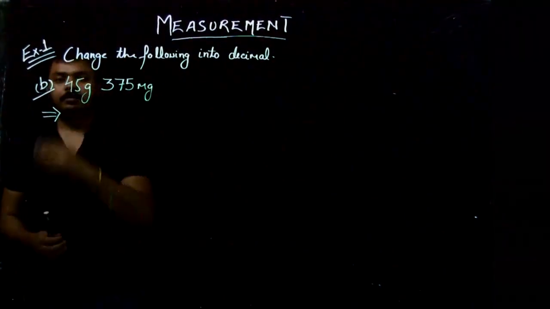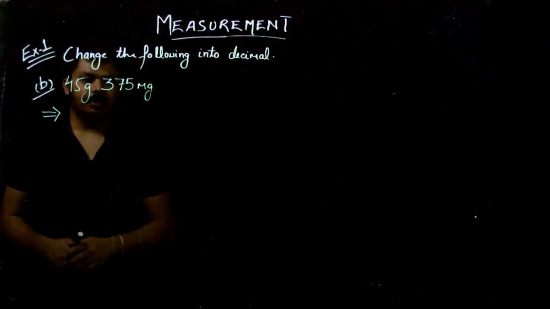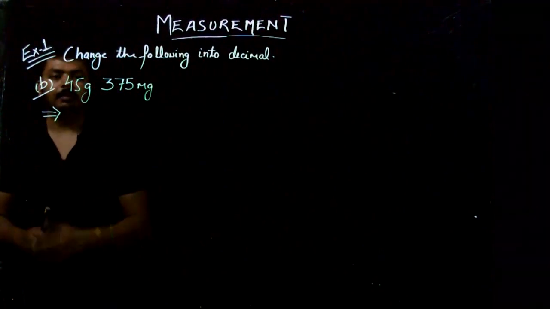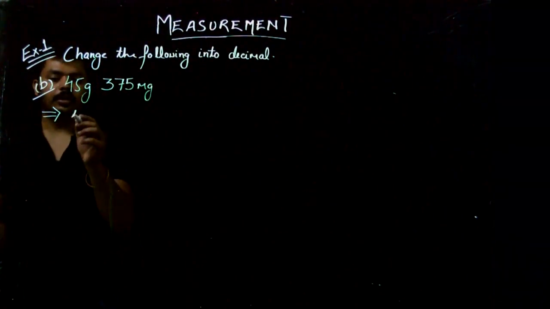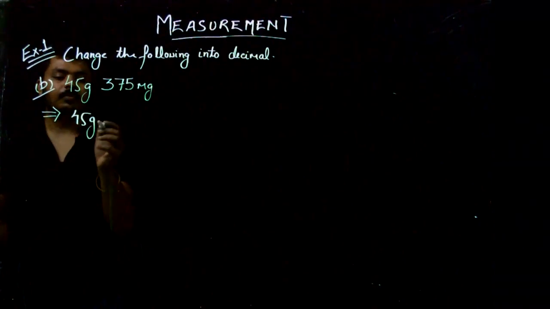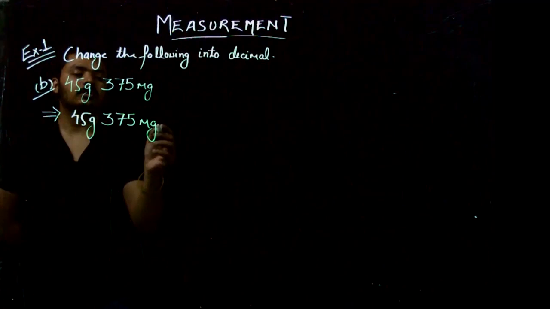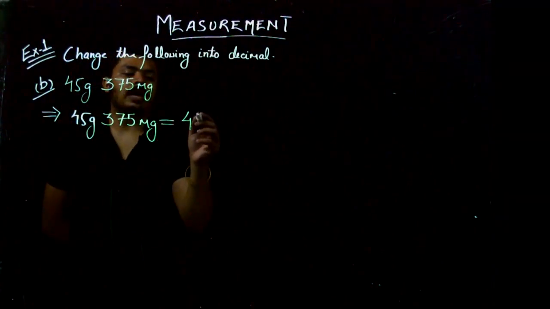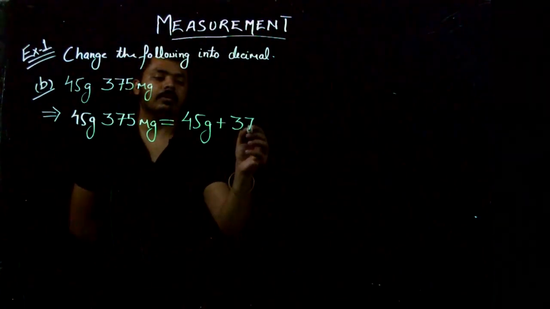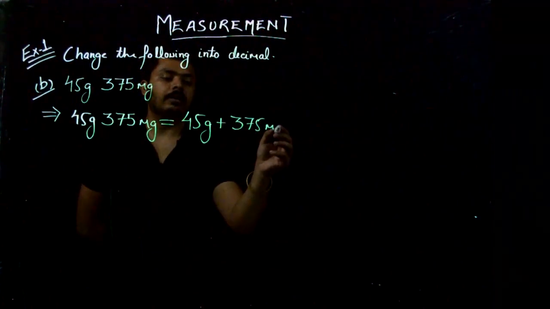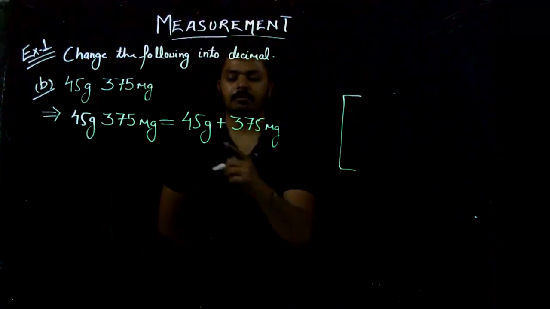Now let's see part B of example number 1, 45 gram and 375 milligrams. So we can write 45 gram and 375 milligrams as 45 gram plus 375 milligrams. Now to convert it into decimal, we need to change milligrams into grams.